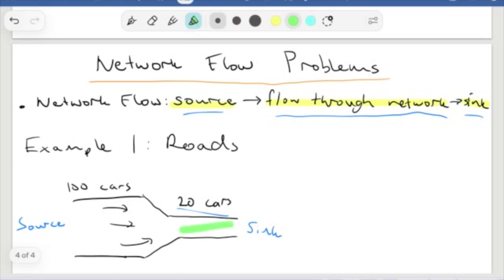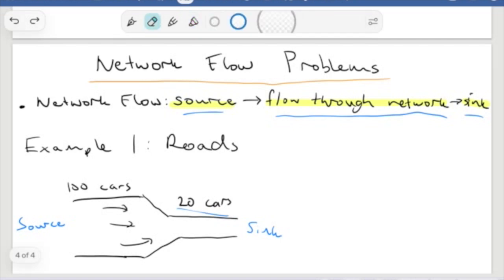Because only 20 cars can pass through here, we say the maximum flow through the network is 20 cars. At any given time, this is basically our limiting factor. It's saying that even though we have these 100 cars earlier, throughout the entire system, we're limited by this bottleneck that will only allow 20 cars to pass through.